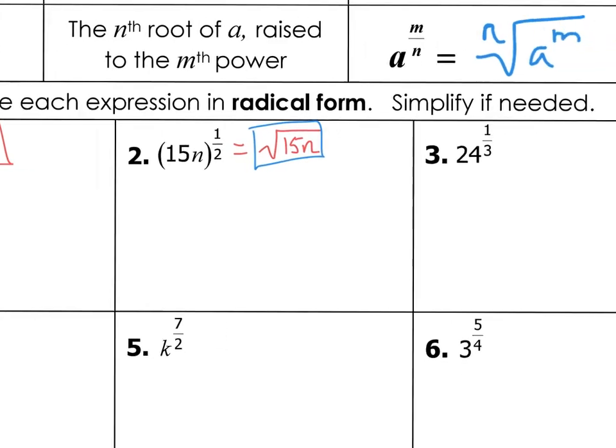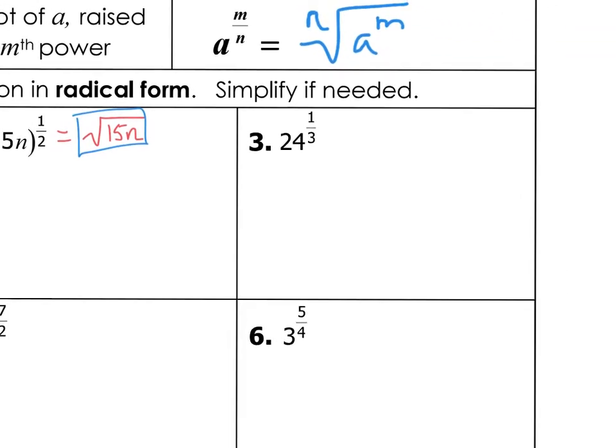Number 3, 24 is a more complicated base than we had previously. So sometimes you might have to prime factor your base and simplify your radical. So let's go ahead and see what that looks like.